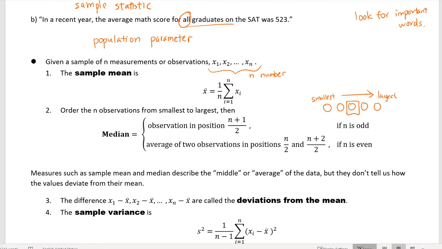For example, here we have 5 numbers, right? The middle one would be the third one. So n is 5, 5 plus 1 is 6, 6 divided by 2 is 3. So you see it matches our formula.